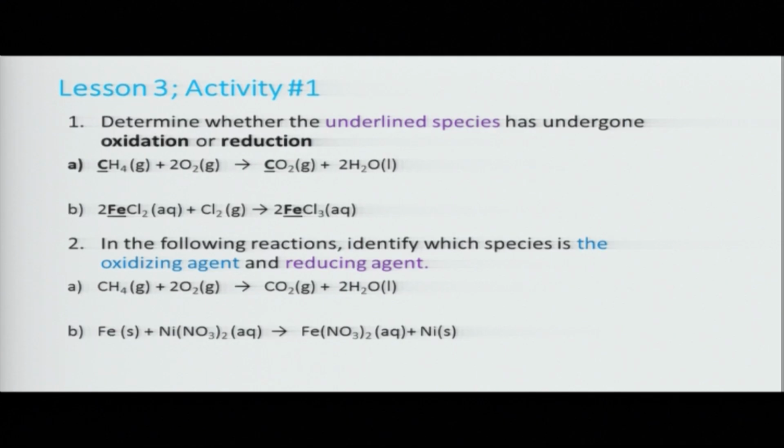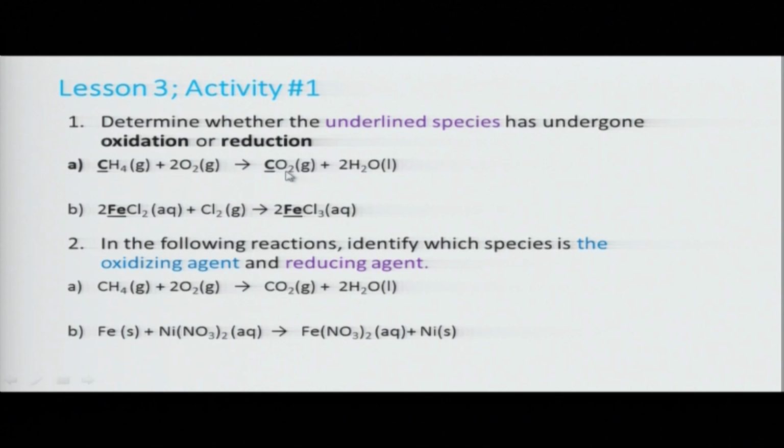Question 1 reads, determine whether the underlying species has undergone oxidation or reduction. And what is that underlying species? In A, it is carbon, or C, this is carbon in methane and carbon in carbon dioxide.